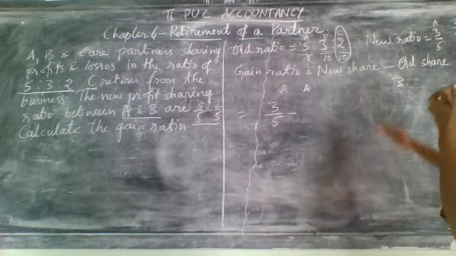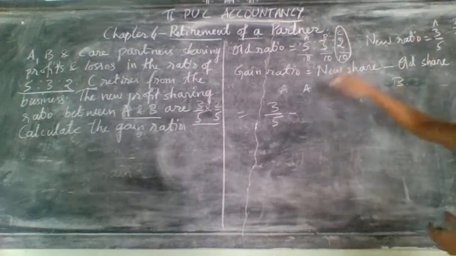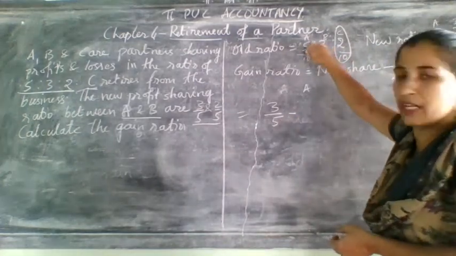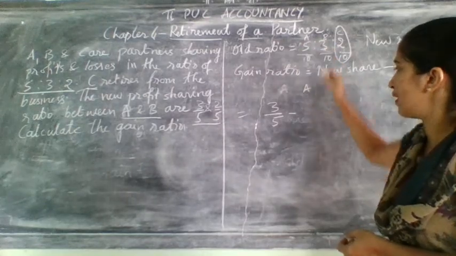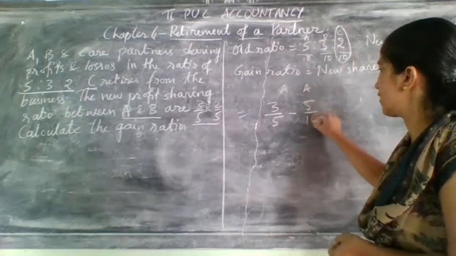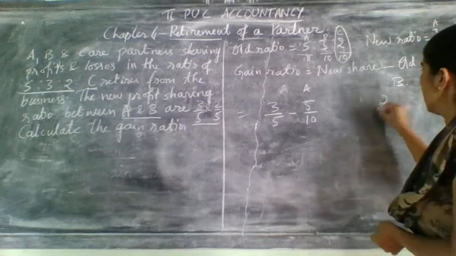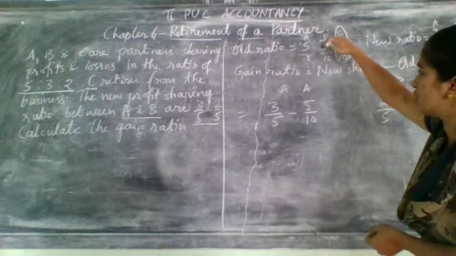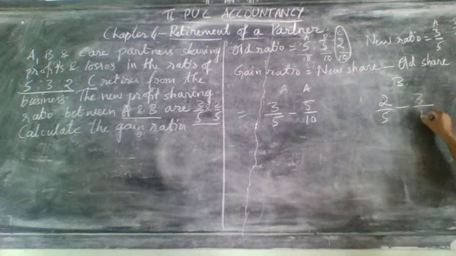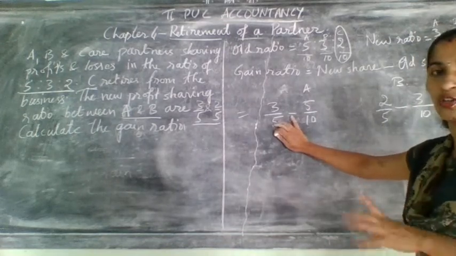Okay, so now A and B. Here A is 3/5, you have taken that. Next, related to A, the old ratio is 5/10. Next comes B. B is 2/5, his new share, minus his old share, 3/10. Got it now? First we need to take the new share, don't take the old share.